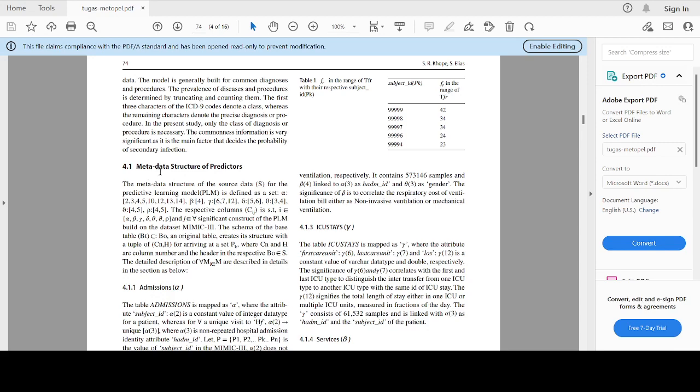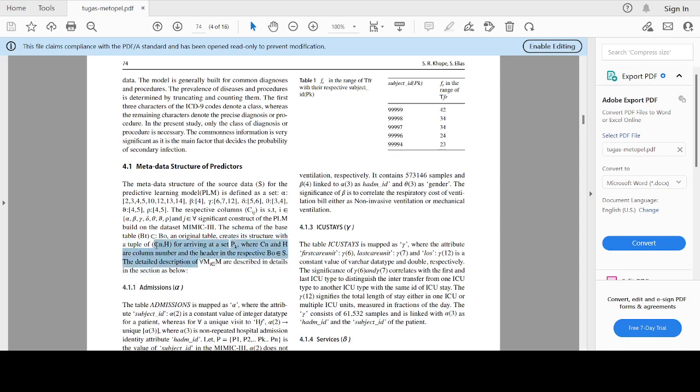The metadata structure of the source data for the predictive learning model (PLM) is defined as a set. The respective columns, significant construct of the PLM built on the dataset MIMIC, the schema of the base table, and original table creates a structure with a tuple of arriving a set.